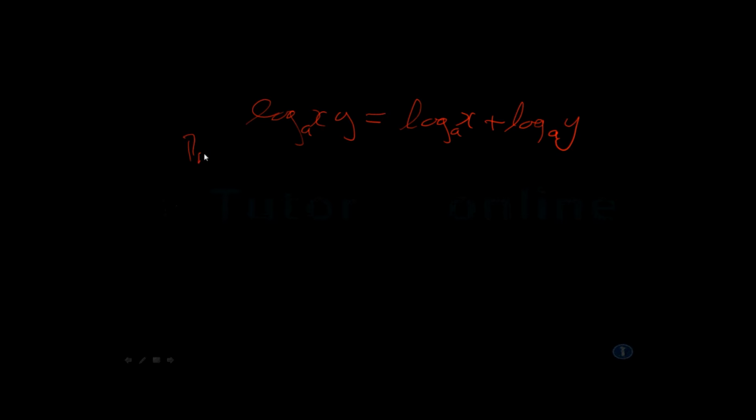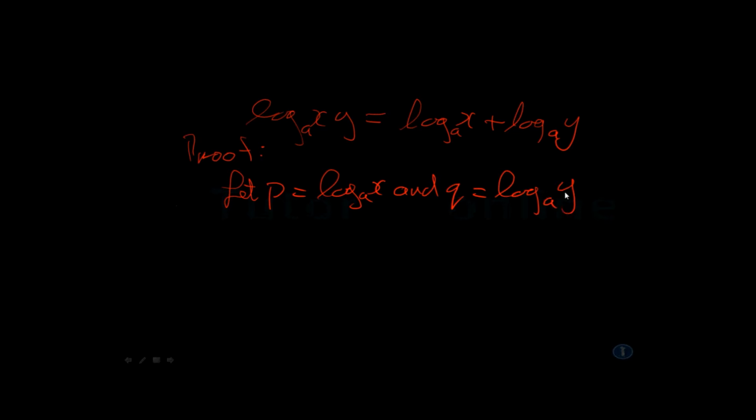We prove this identity as follows. Let variable p be equal to the logarithm of x to the base of a and variable q be equal to the logarithm of y to the base of a.